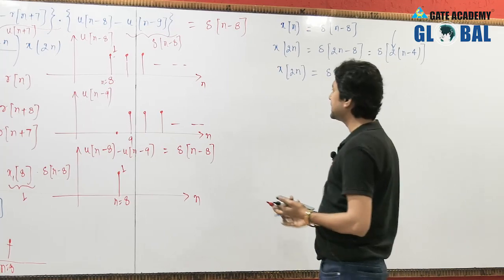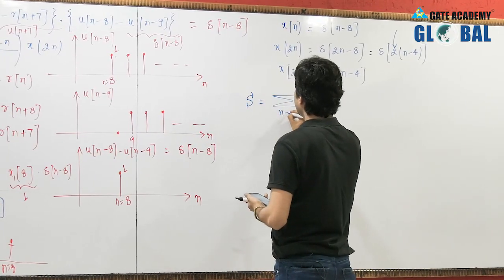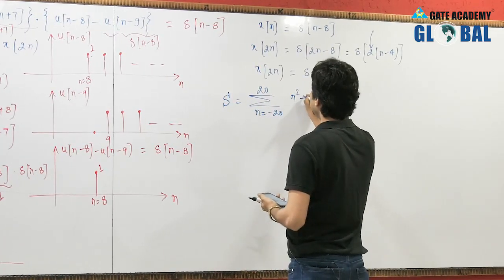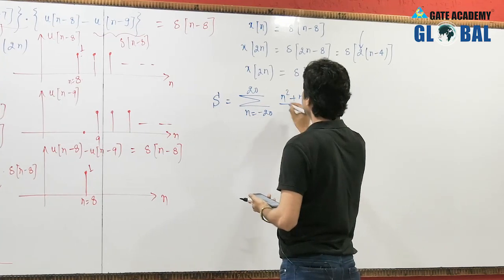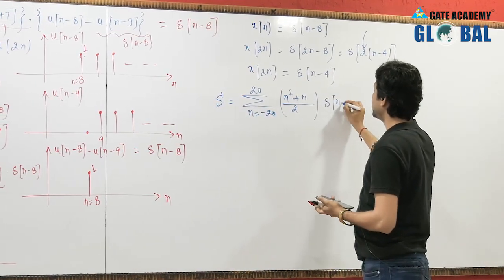Now, if we evaluate the summation, S is given to be the summation from n equals minus 20 to plus 20 of n square plus n upon 2 into x of 2n, and x of 2n is del of n minus 4.